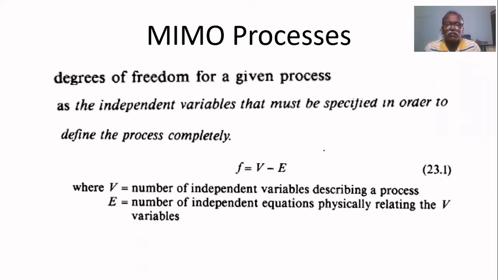But many of the processes in chemical industries are MIMO processes. For example, if you consider a distillation column, the top product is one process variable, bottom product another process variable, feed flow rate another process variable.